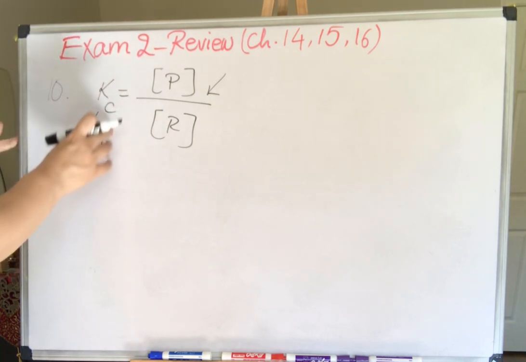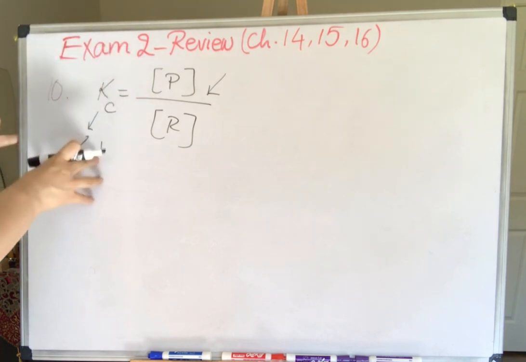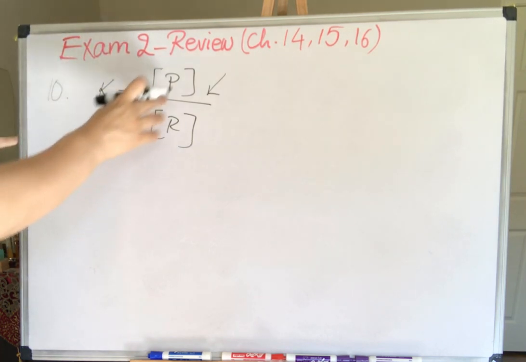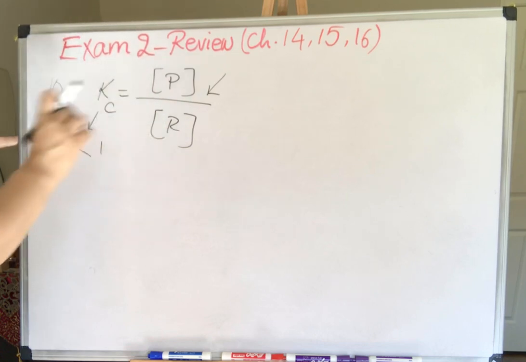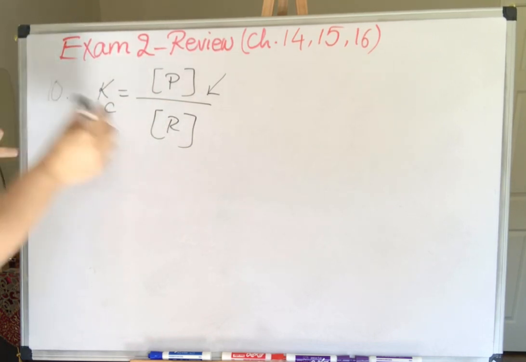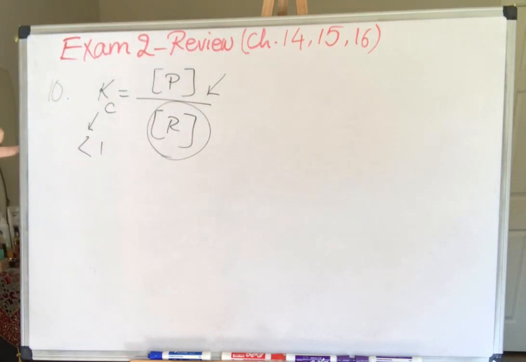So when Kc is small, the ratio of products to reactants is very low, meaning the reaction is mostly in a reactant state. So you have mostly reactants. The answer is A.